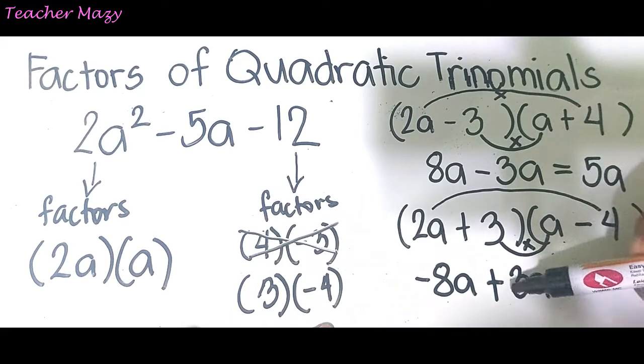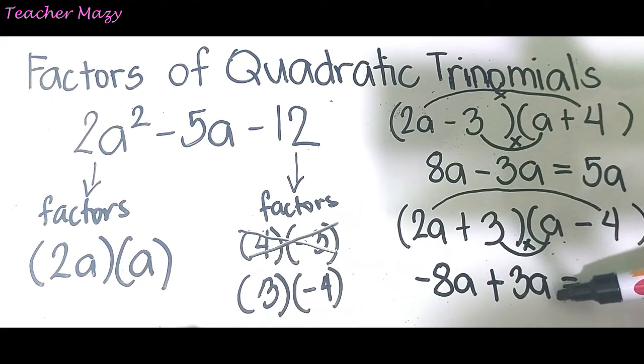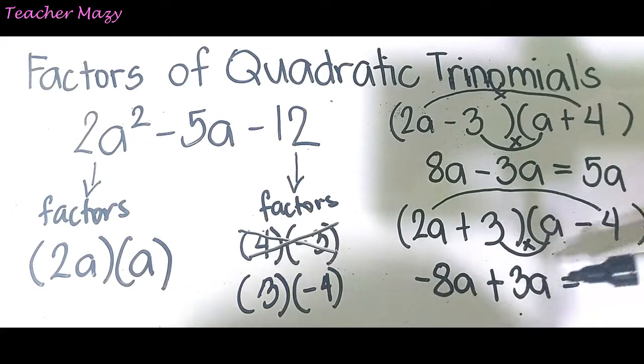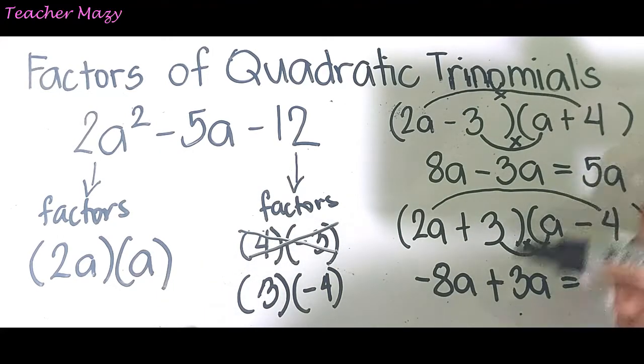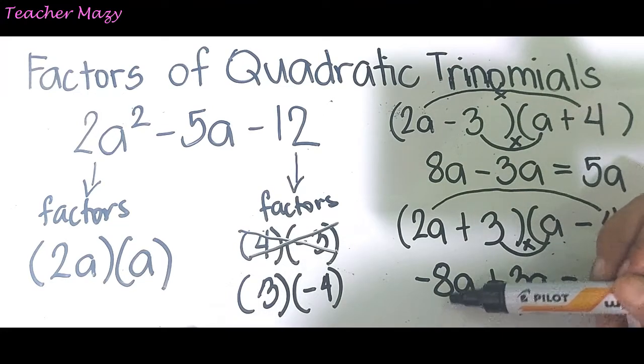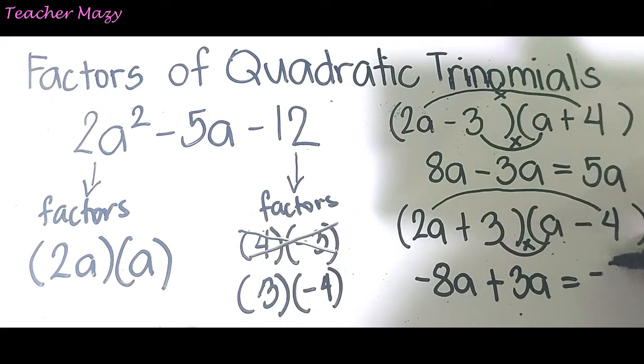If we add them, negative 8a plus 3a, the signs are different, so we subtract them and keep the sign of the one with the bigger value. That is negative 5a.